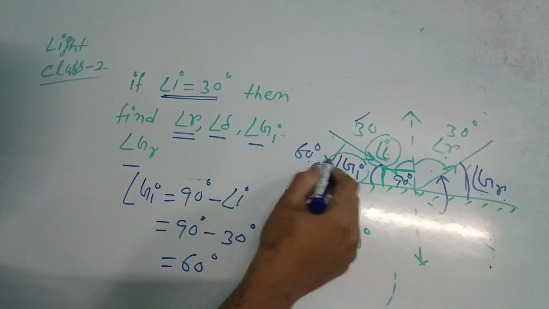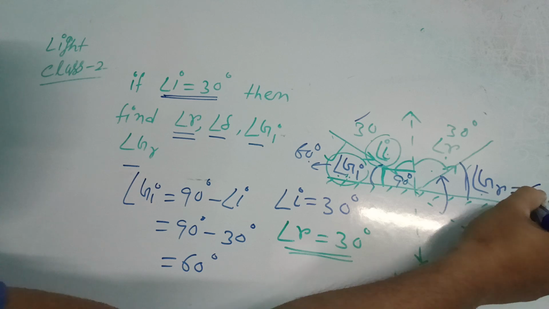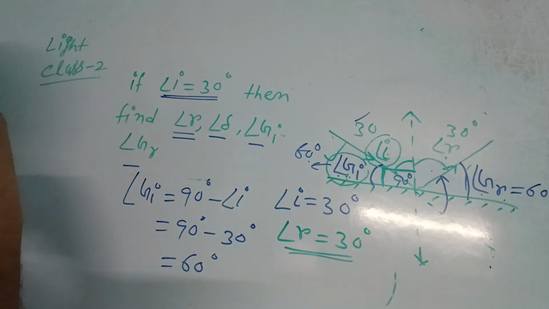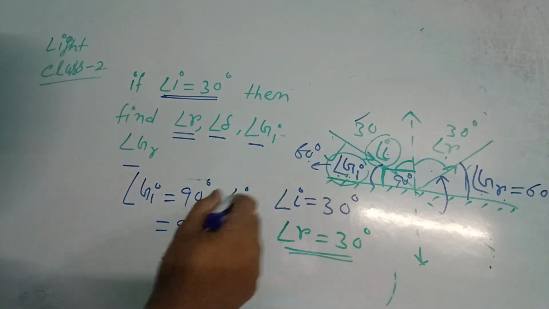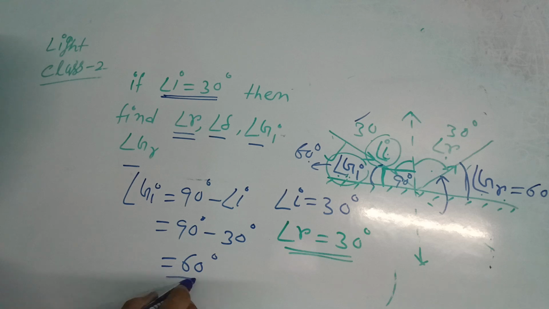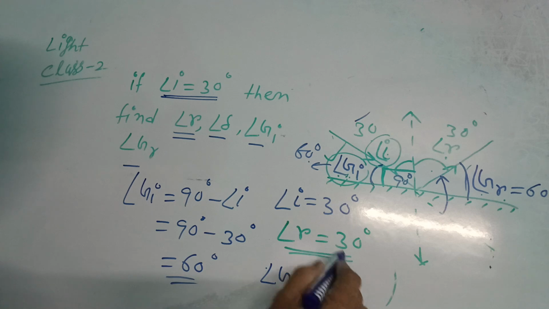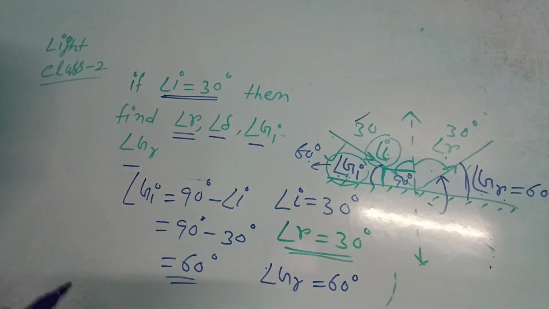Similarly, if GI equals 60, then GR is also 60 degrees. Clear?